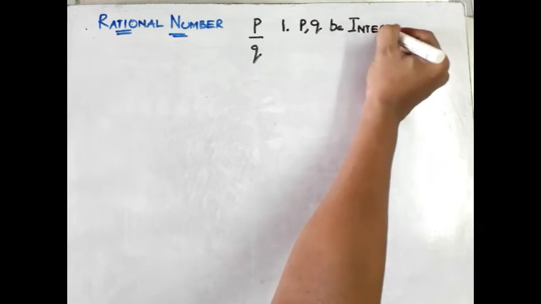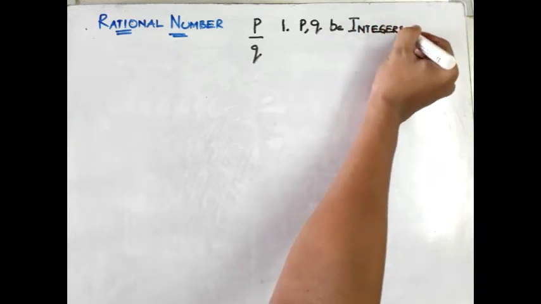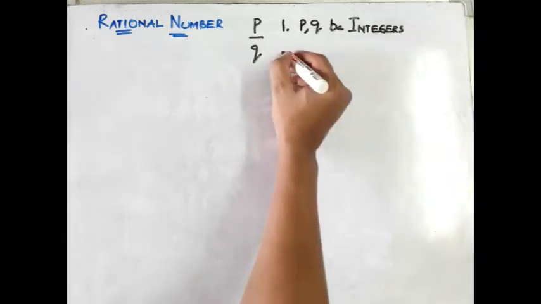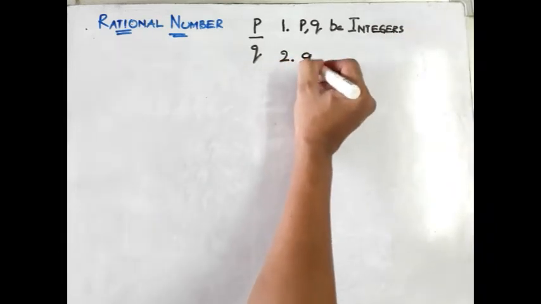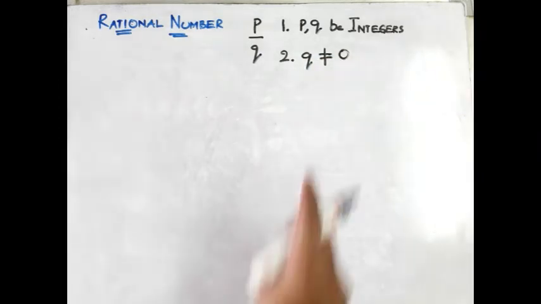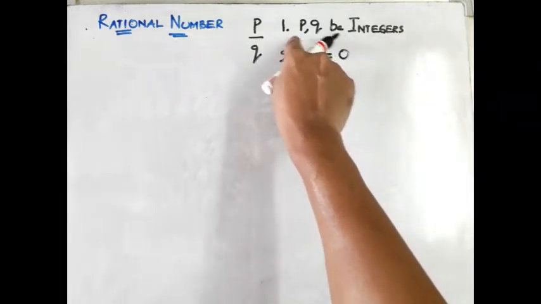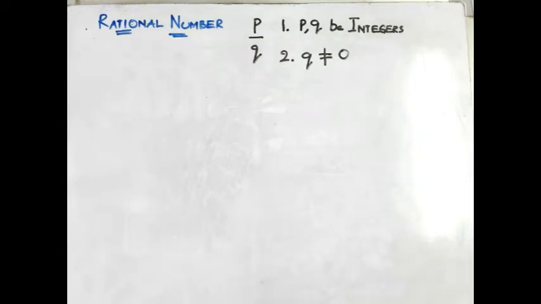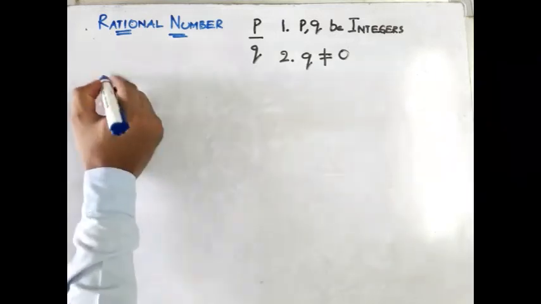And the second one is that the denominator q is not equal to 0. So to understand this, I want to give you an example.